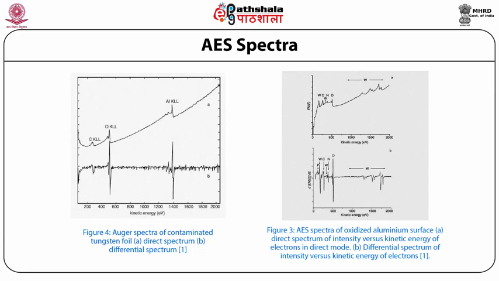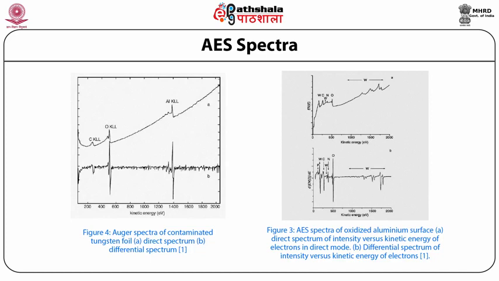The differential mode presents the derivative of intensity versus the kinetic energy. The differential mode is more widely used because the Auger peaks are more obvious than in the direct mode. Figure 5 shows the Auger spectra of palladium metal as an example.